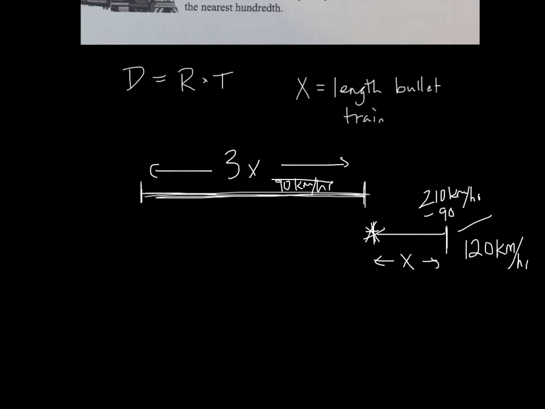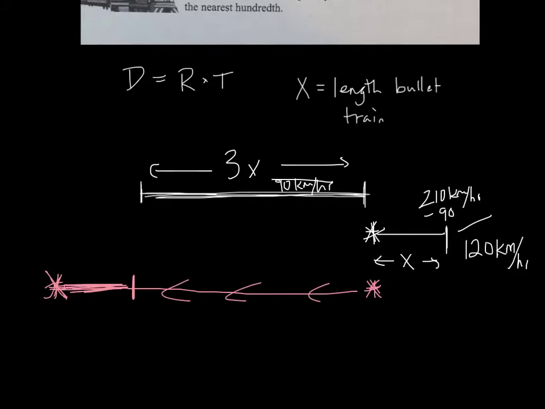Okay. How far does the bullet train have to travel? Well, the front of the bullet train has to travel far enough so that the back of the bullet train is at the front of the freight train.